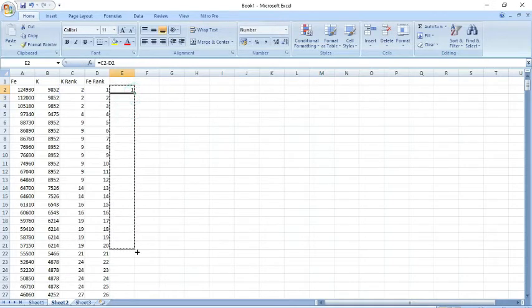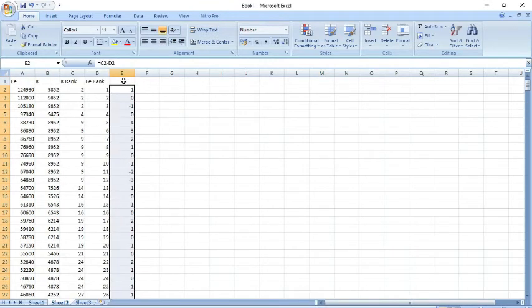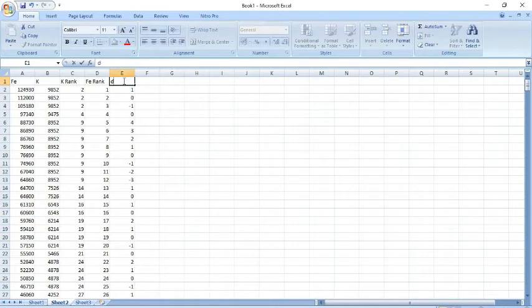You can use the same formula downwards up to this. That is the difference of K and iron.